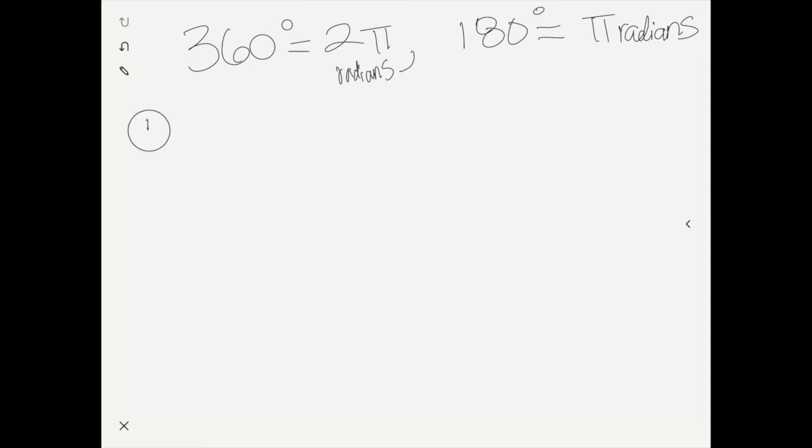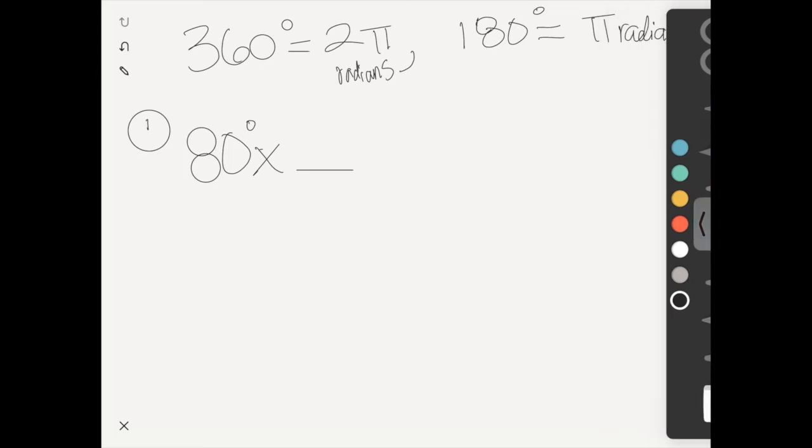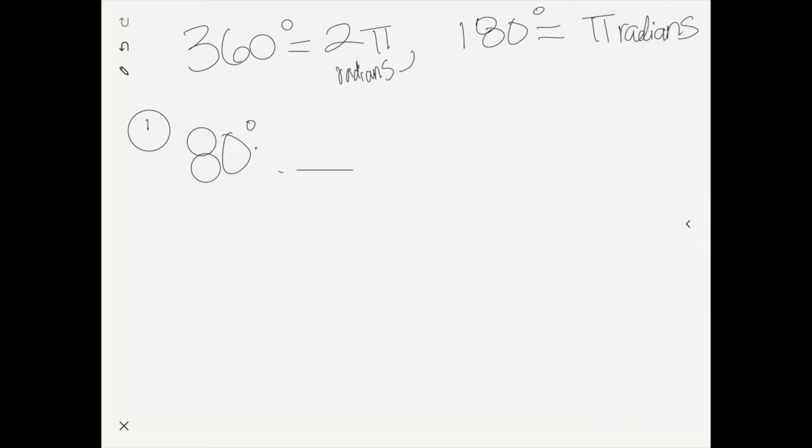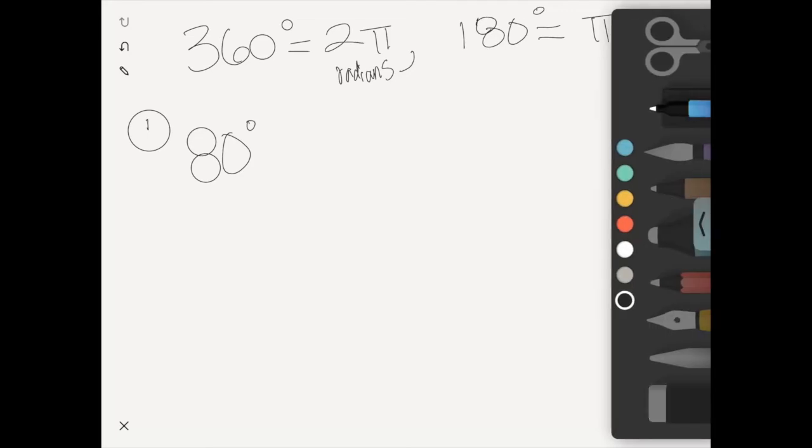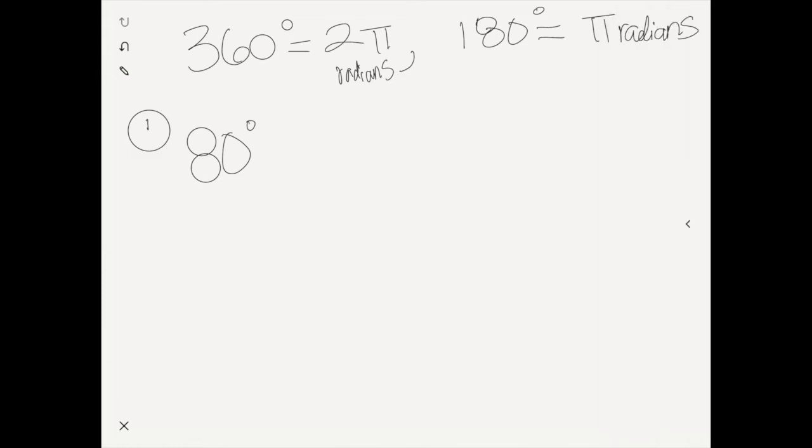So if we want to change, let's try changing 80 degrees. So if we're going from 80 degrees into radians, we're going to do 80 degrees times, how I usually think of this is I basically use dimensional analysis. If you've taken chemistry before, you might have done dimensional analysis, or if you have to convert between any units, this is usually what you have to do.